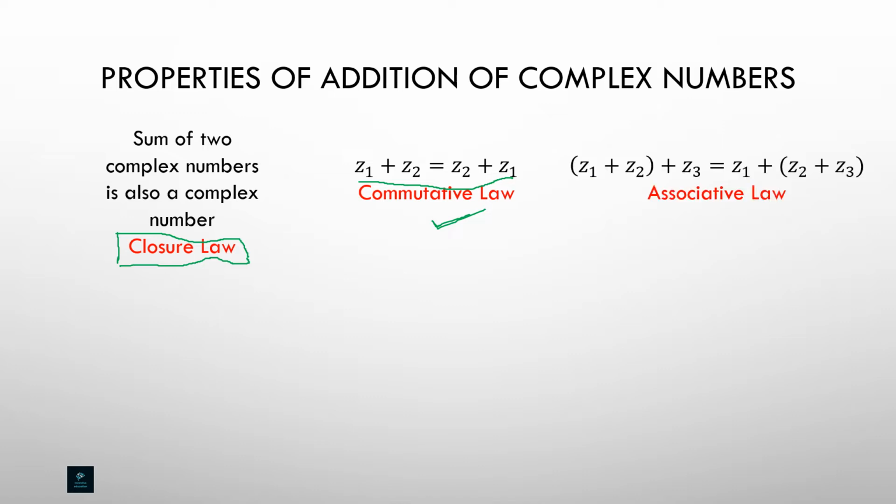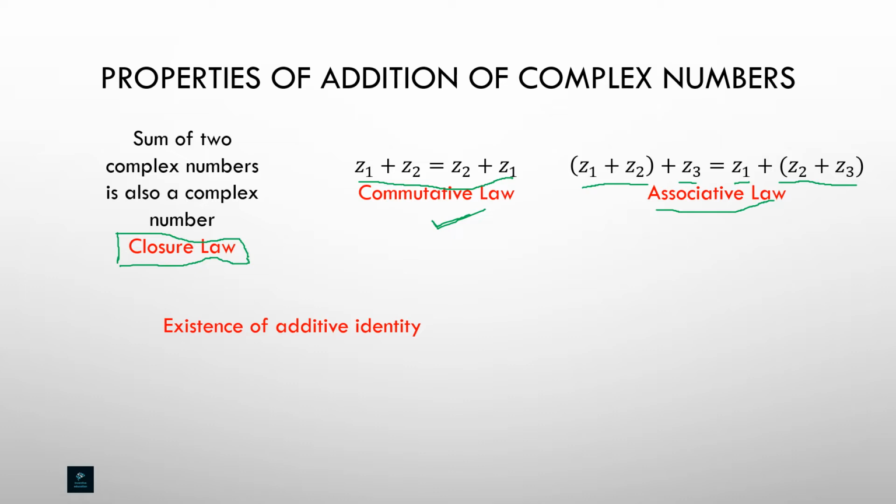The next is associative law of addition. That means when we add z3 to the sum of z1 plus z2, this is equal to adding z1 to the sum of z2 plus z3. This means that the addition of complex numbers follows associative law.